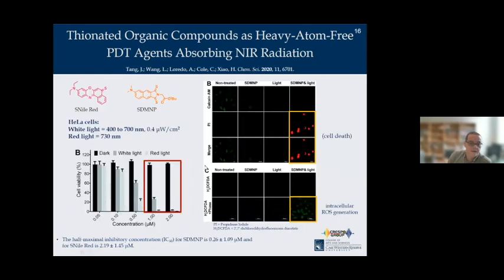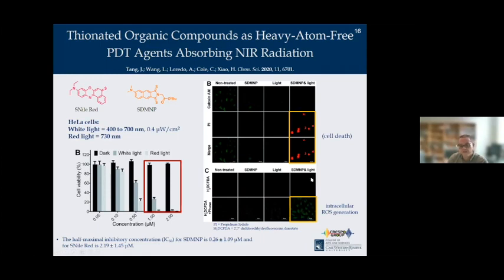Recently, Xiao performed photosensitization experiments similar to the ones that we have performed before, but now with HeLa cells, using both types of light: either continuous low intensity white light from 400 to 700 nanometers, or laser light at 730 nanometers. You can see that they are highly efficient in reducing the proliferation rate of the cells.